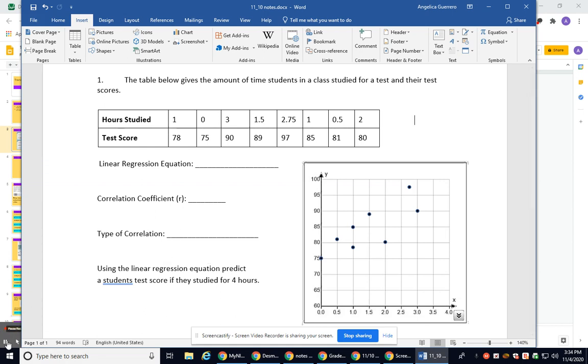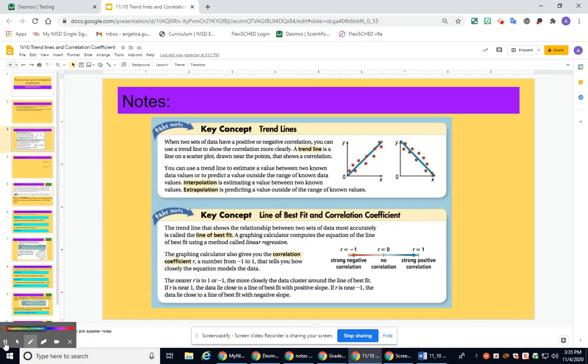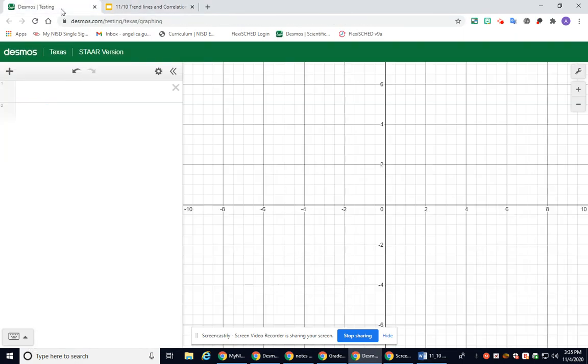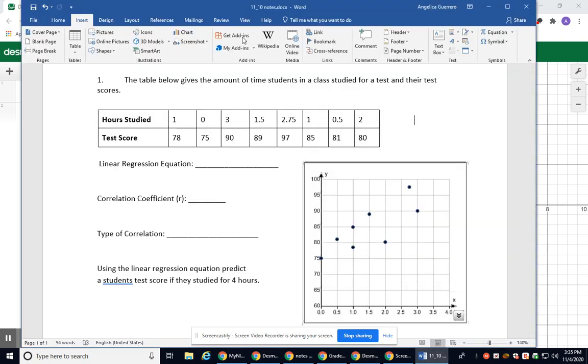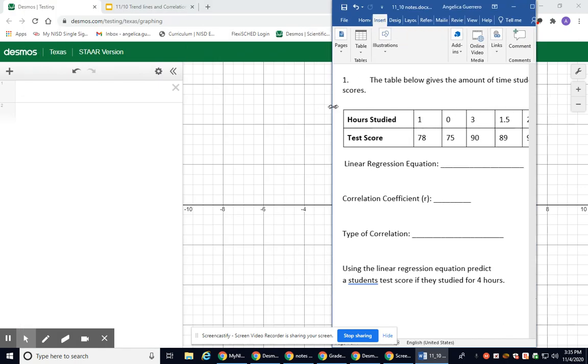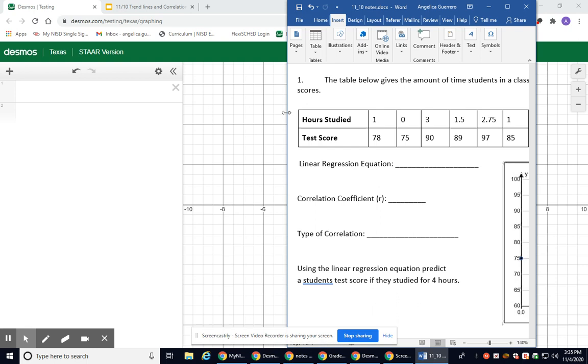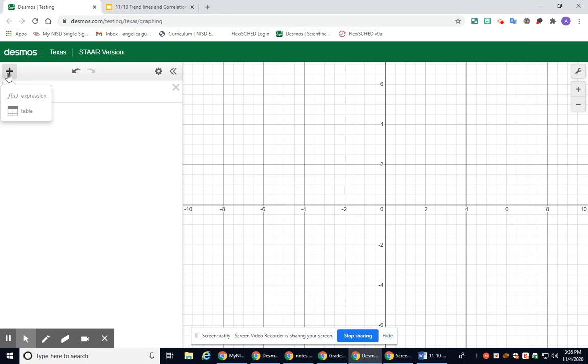Okay, so let me go ahead and pull up my calculator. When I pull up my calculator, I'm going to see that I can enter a table. So what I'm going to do is take my notes and enter the table that I have here. I'm going to make this a little smaller and have it next to my screen. To enter a table, I first press the plus sign to add an item.